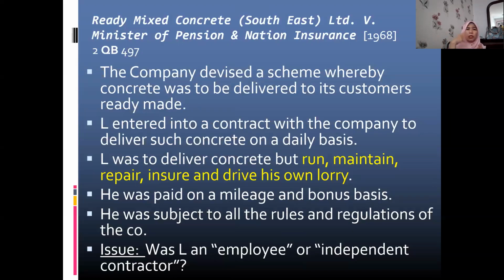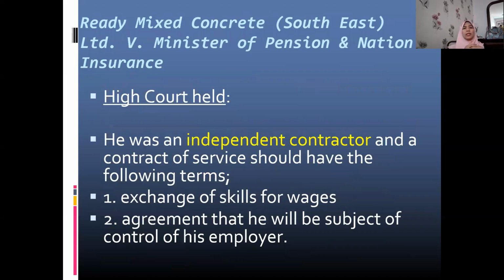So when the case was brought to the court, one of the important issues was, was L here an employee or was he an independent contractor? So the High Court held that actually he was an independent contractor. Why? For a contract of service to be established, it should have the following terms.